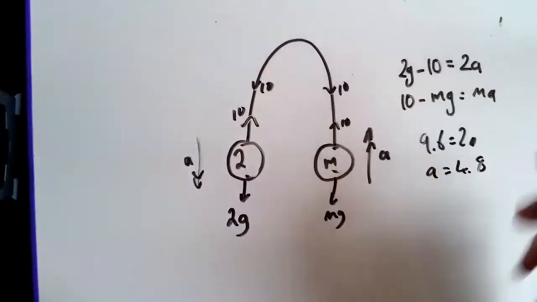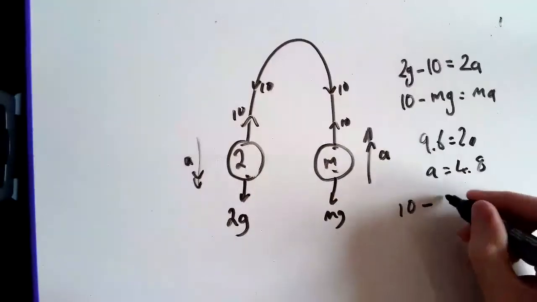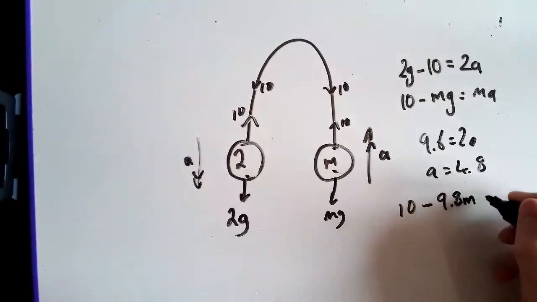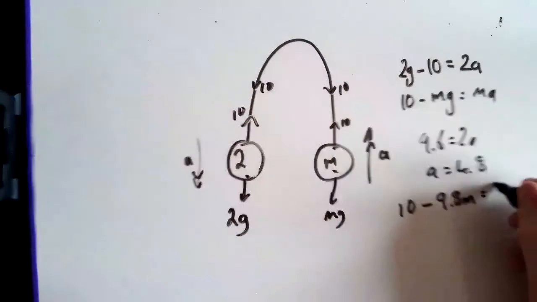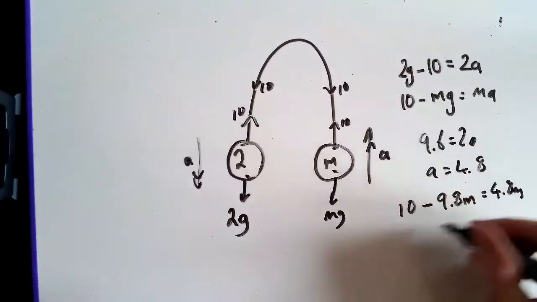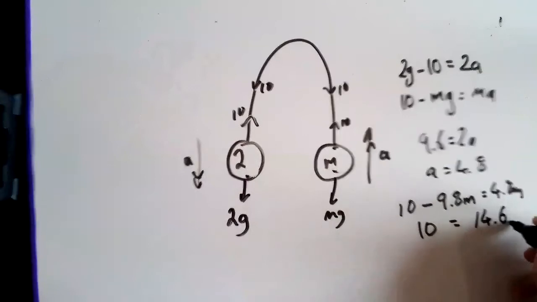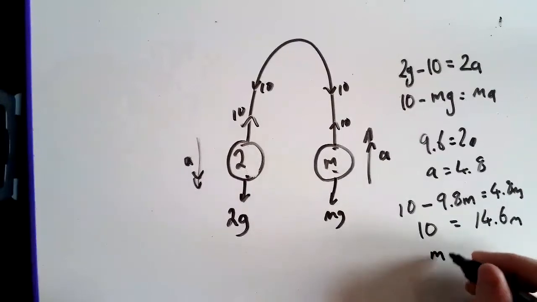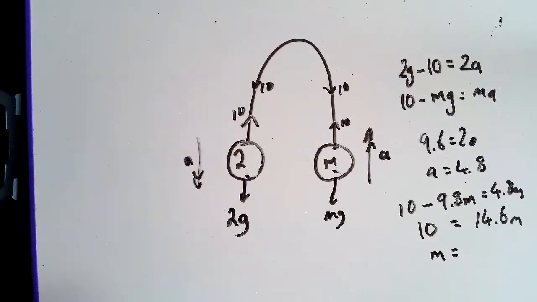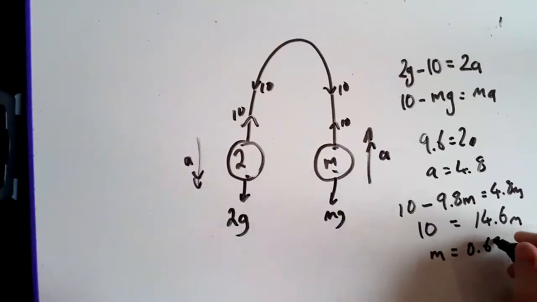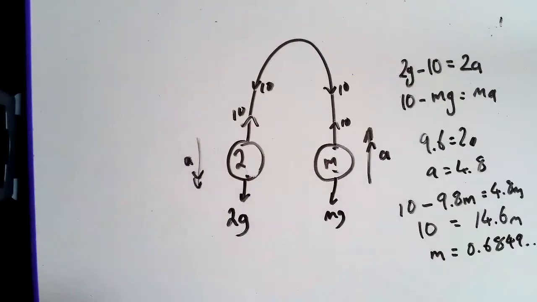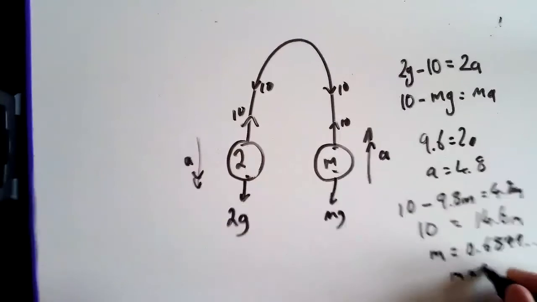I can sub into there, so 10 take away g is 9.8, so 10 take away 9.8m equals 4.8m. Add 9.8m to both sides, so 10 equals 14.6m, and divide both sides by 14.6. Gives me 0.6849, and so on. And since we've used g as 9.8, I want two significant figures, so m equals 0.68.